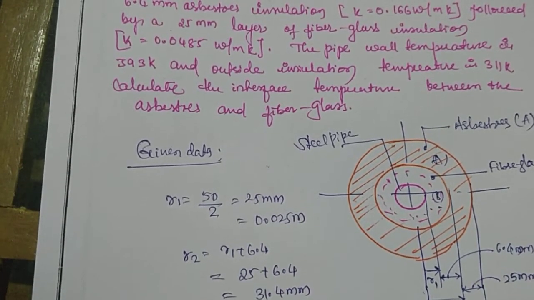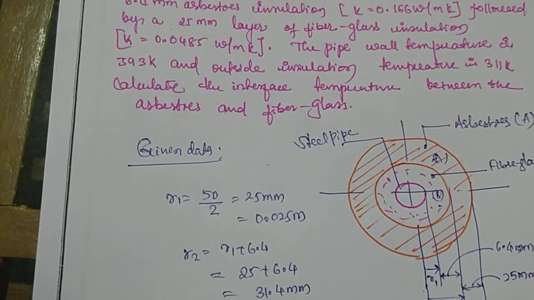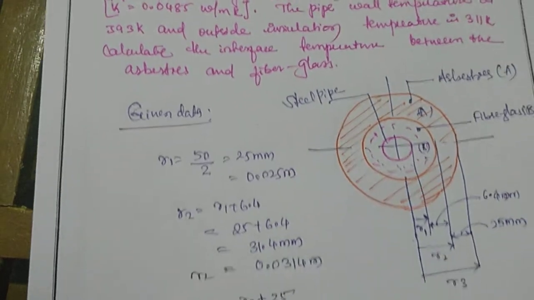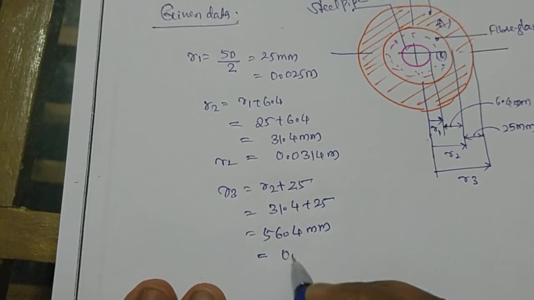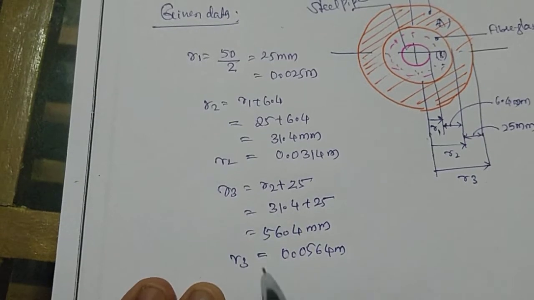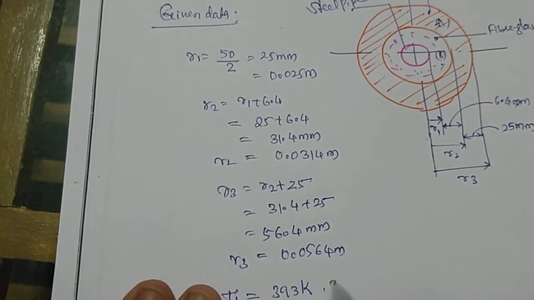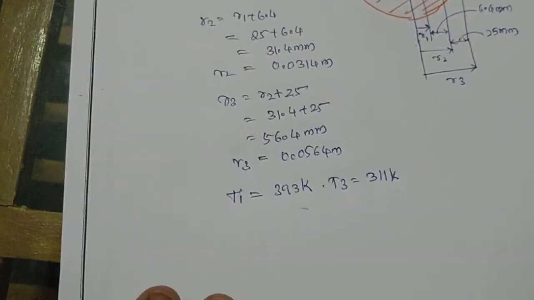Then R3 is equal to R2 plus 25, so 31.4 plus 25 is 56.4 mm, or 0.0564 meter. T1 is 393 Kelvin, T3 is 311 Kelvin.